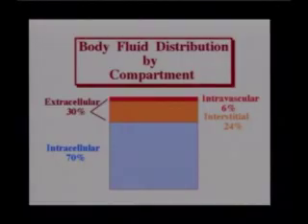Now, another concept related to that has to do with the fact that the fluid that's in your body is in different places. Most of it is within the cells. It is intracellular. Now, we don't actually pull cells apart and say how much water is inside your cell. But about 70% of the fluid in your body is inside cells.